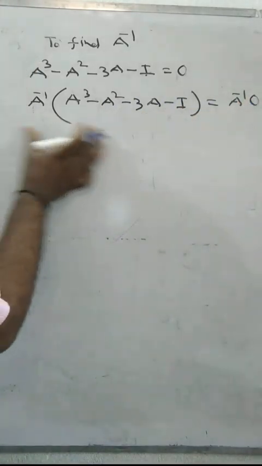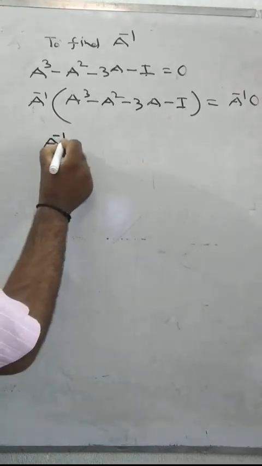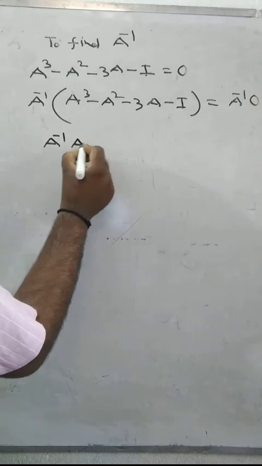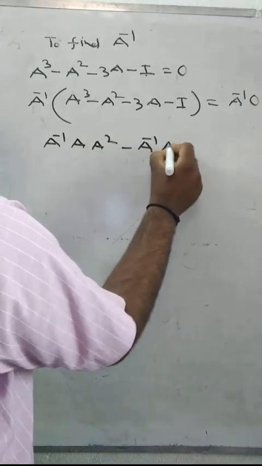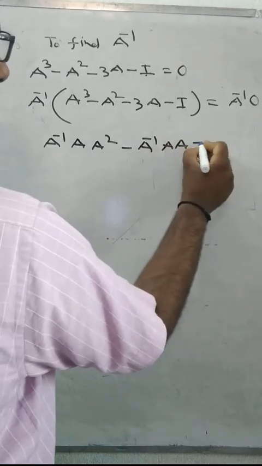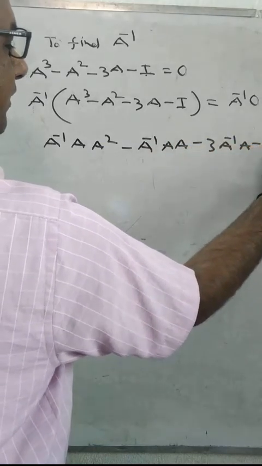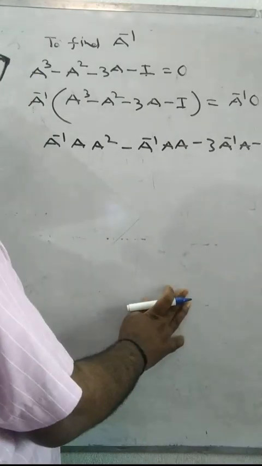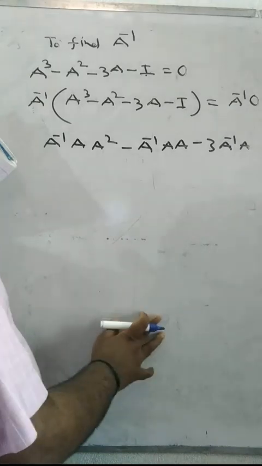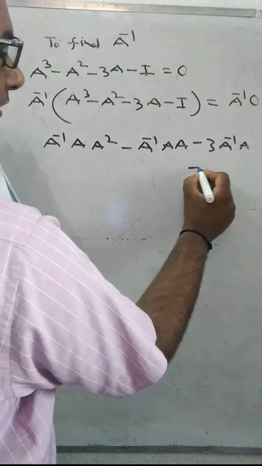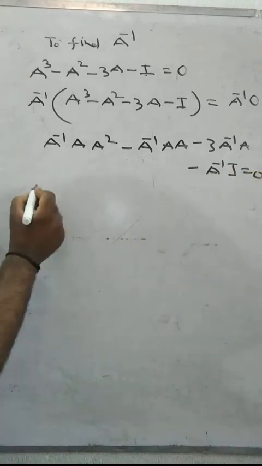This is left multiplication. So this is A inverse A cube minus A inverse A square minus 3A inverse A minus A inverse I is equal to 0.